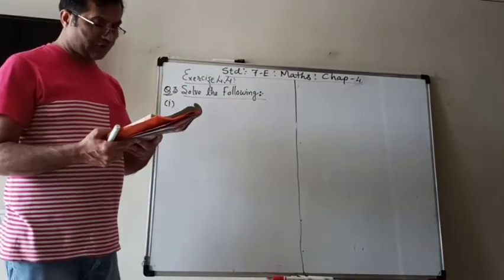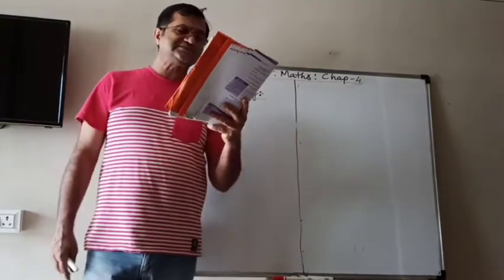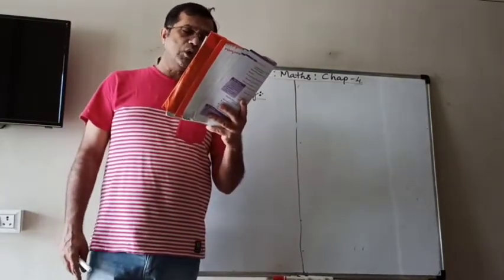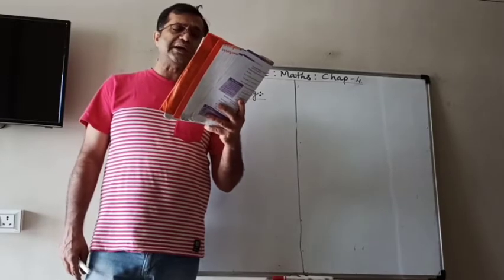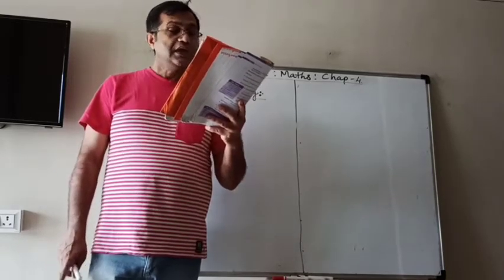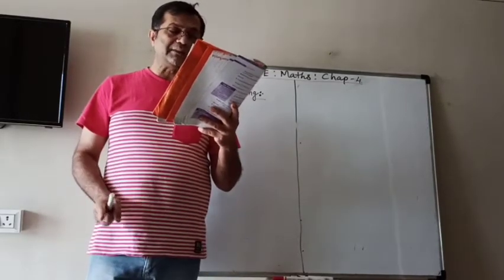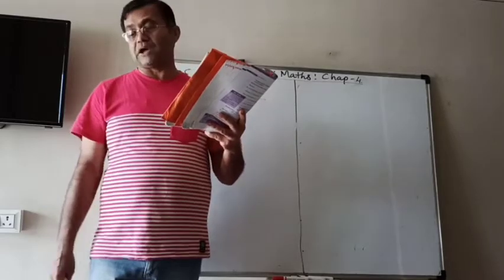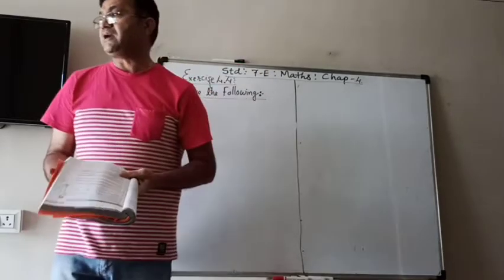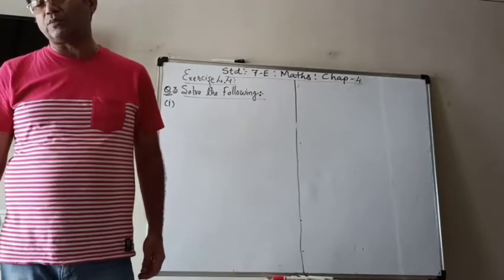Also solve the following. Irfan says that he has 7 marbles more than 5 times the marbles Parvit has. Irfan has 37 marbles. How many marbles does Parvit have? So we have to find how many marbles Parvit has.